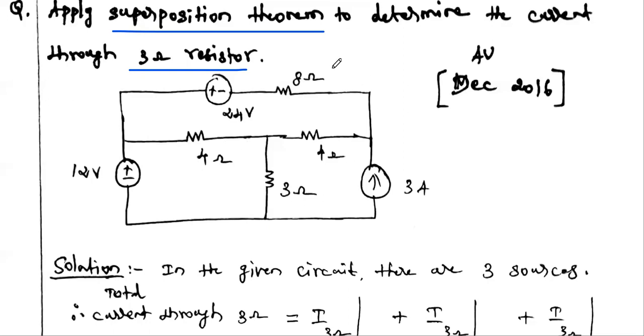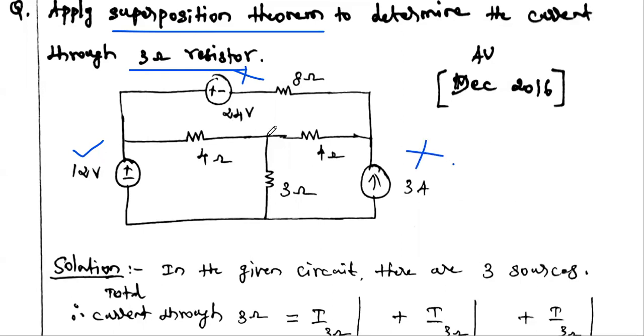In the superposition theorem, of the three sources, in the first step we have to activate only one source. For example, activate this 12-volt voltage source. At that time, deactivate the 24-volt voltage source and the 3 amps current source.